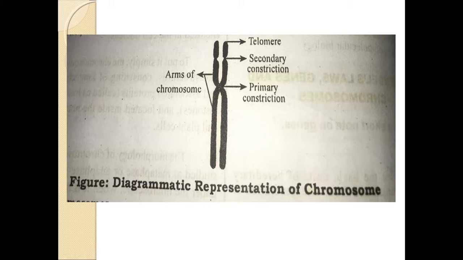The centromere of the chromosome will be present at this point. It will divide the chromosome into two halves, called arms of chromosome.